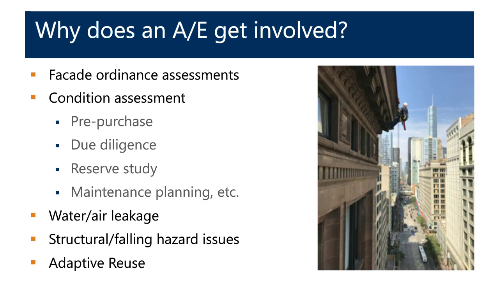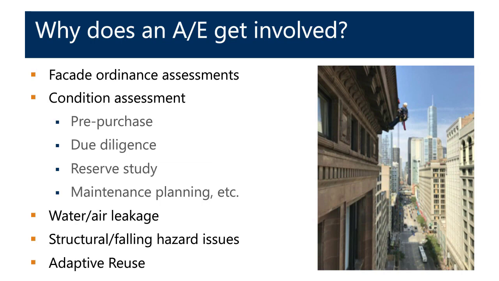They have buildings they want to maintain. They haven't done work in 20, 30 years. They want to know what they need to do and prioritize work, as well as get an idea of cost. Or maybe it's as simple as having a maintenance plan going forward, because building owners want to have budget money so that they can keep up on their facades and not have any surprises as they maintain and own the buildings.